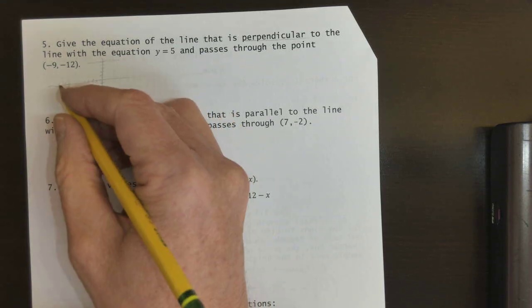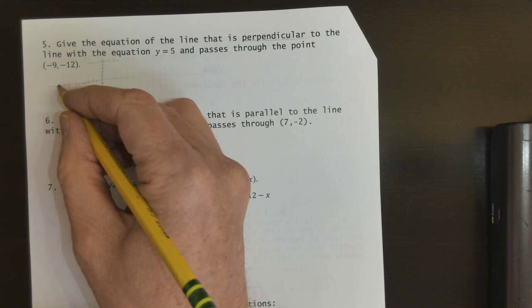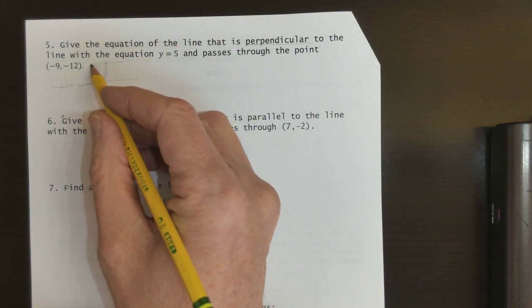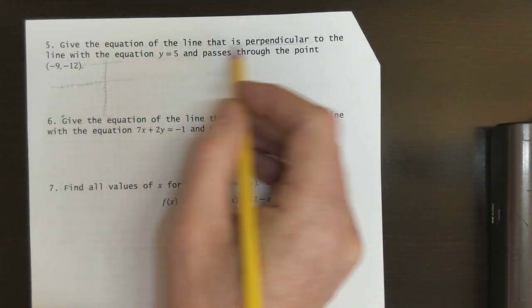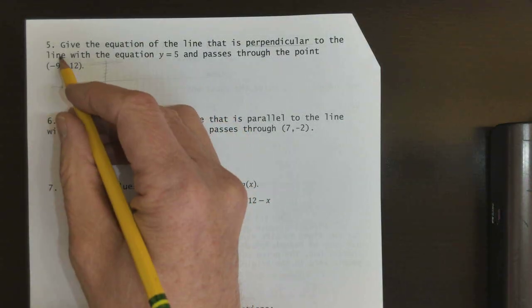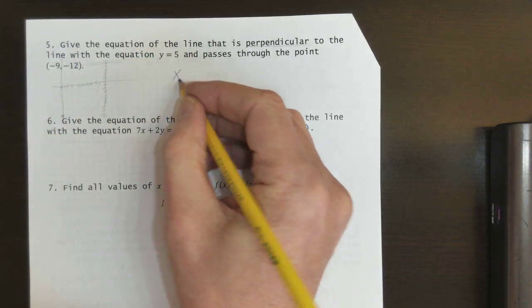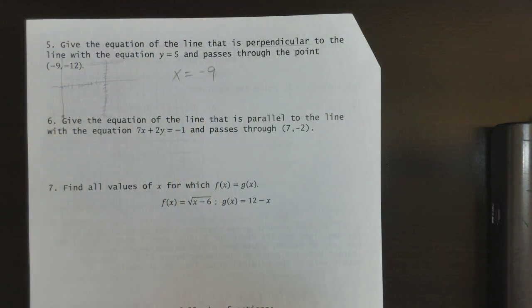So there's -12. Passes through this point right here. There's -9, -12. Okay, we want perpendicular to that. So that's this line right here, which is hitting the x at -9. Its x equals -9 is that.